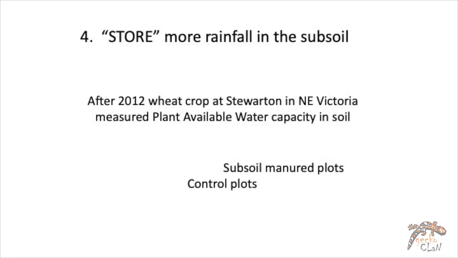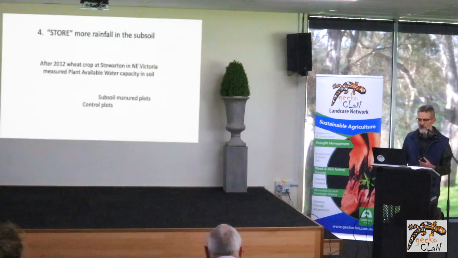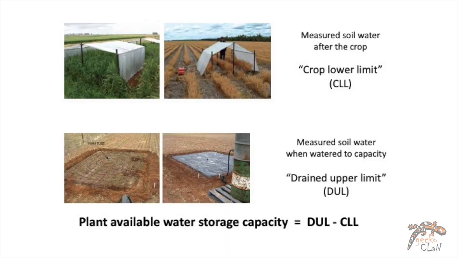Okay, and again, Peter and Gecko measured back in 2012 at Stewarden, with subsoil manure plots and control plots, and using rain-out shelters they measured how much water was being accessed. They wanted to measure the crop lower limit, so this is not a laboratory measurement.